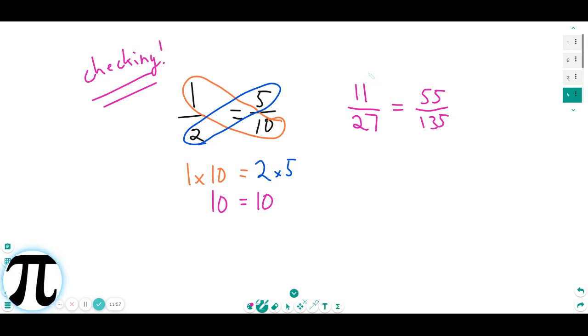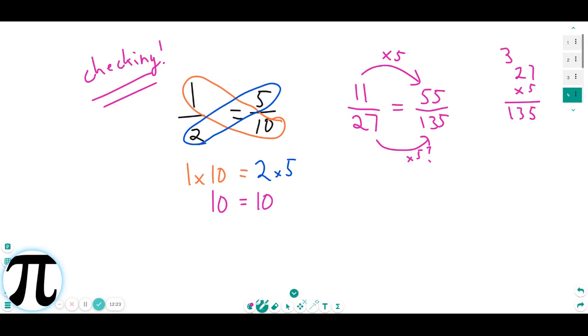Well, you could say, it looks like from 11 to 55 is times 5. Does 27 times 5 work? Let's see. 27 times 5: 5 times 7 is 35, carry the 3. 2 times 5 is 10 plus 3 is 13, so 135.